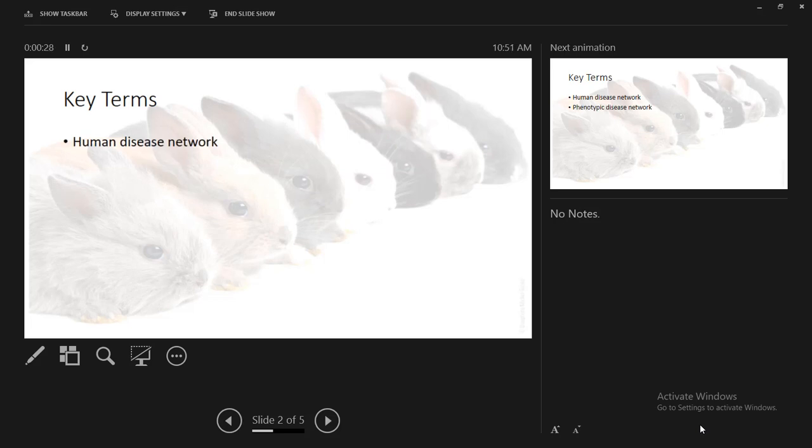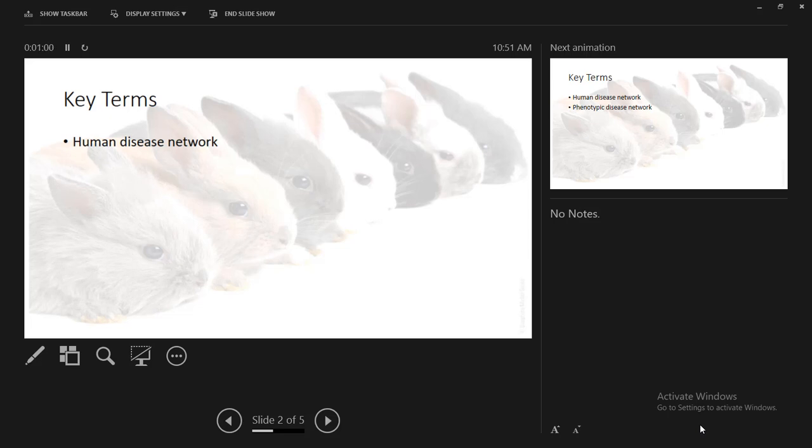Human disease network. The last term we discussed on Wednesday was the diseasome, I believe. If that wasn't the last, it should have been. When we were talking about the diseasome, what we're doing there is just trying to illustrate how various diseases relate to other diseases. We are essentially building an interactome for diseases, where diseases are the nodes.